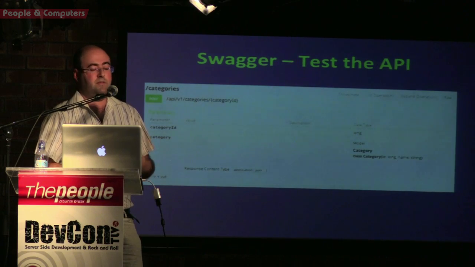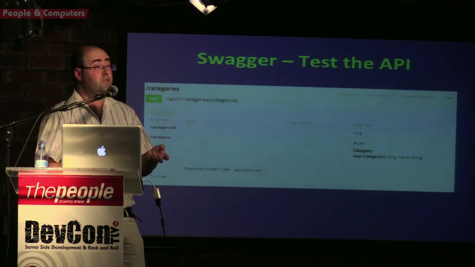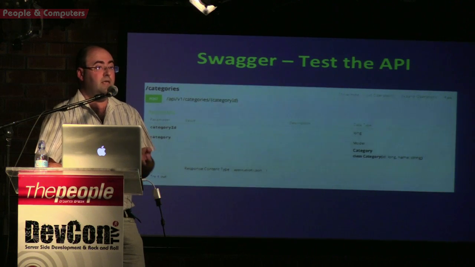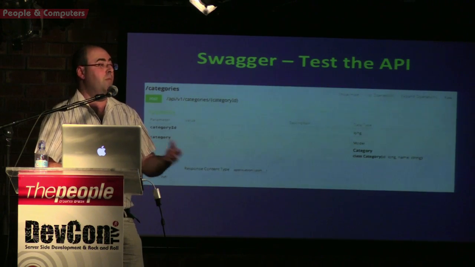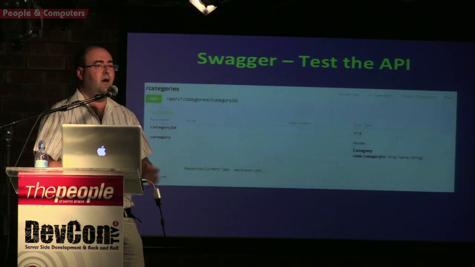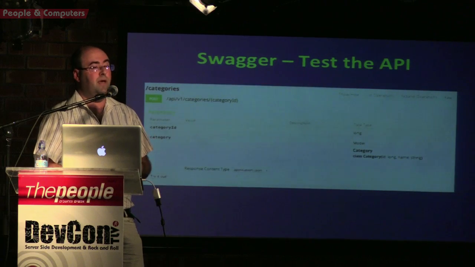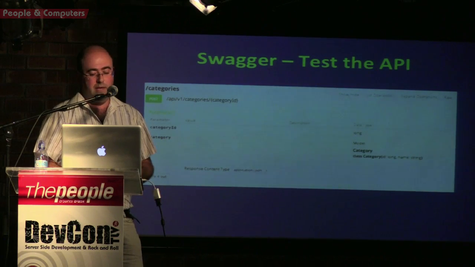If it's a string, you have a text field. You can also specify in the Swagger specification the list of allowable values. In this case, Swagger UI will provide a combo box with these details. And you have the button Try It Now. It will actually invoke the API and display the result. Very handy during the development of the APIs.